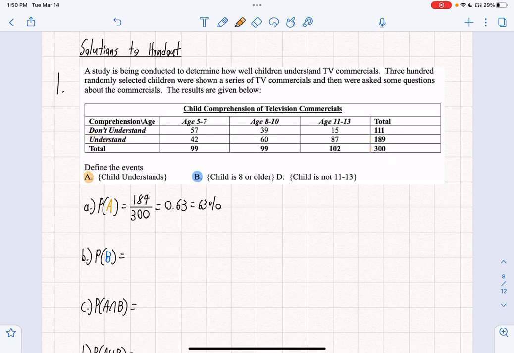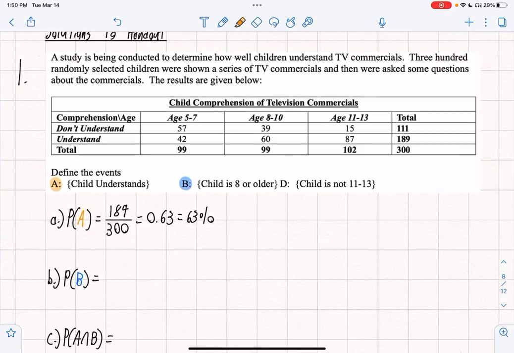Okay, event B, the child is 8 years old or older. So that would be 8 to 10 and 11 to 12, and we have both of those column totals. We have 99 for this group and 102 for this group.